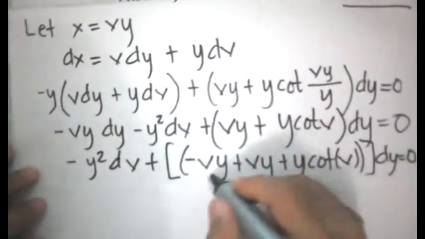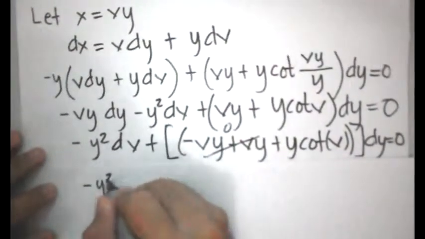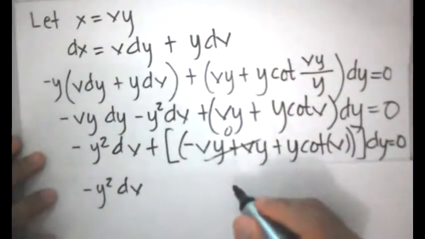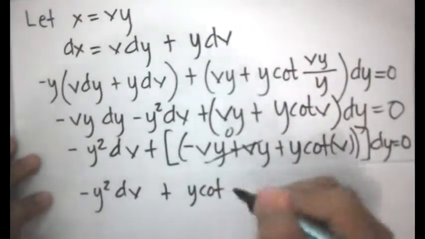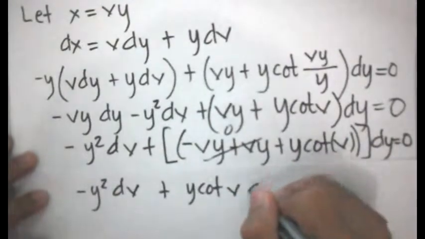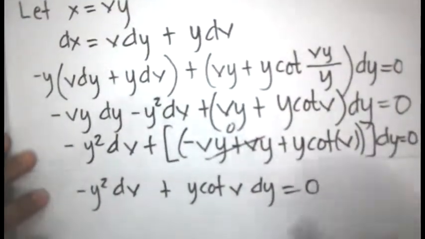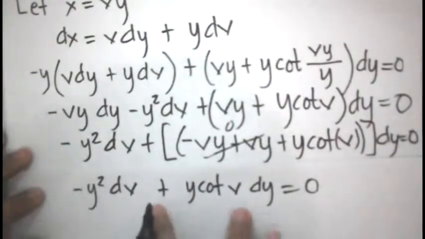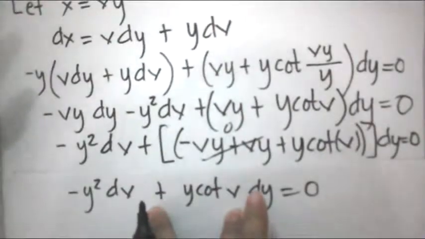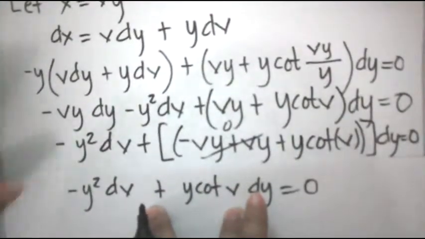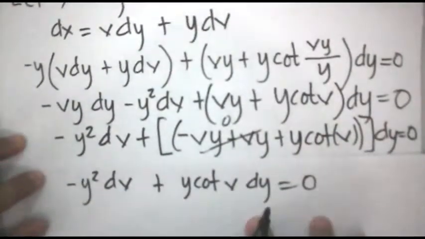Here we see that this is equal to 0. So now negative y squared dv plus y cot v dy equals 0. As you can see, this is a separable differential equation. Anyway, a homogeneous differential equation can always be reduced to a separable differential equation.